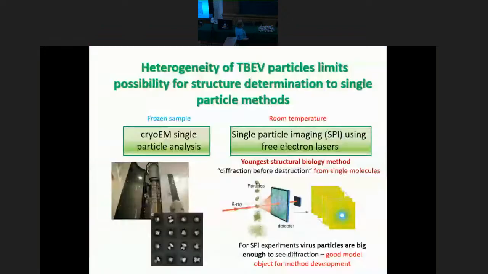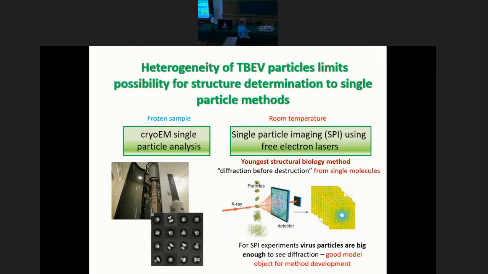Okay, so the heterogeneity of these virus particles limits us in the choice of method which we can use for structure determination. And of course, the first choice method is cryo-EM, single particle analysis, for which we need a frozen sample. But also there is a younger structural biology method called single particle imaging using free electron lasers.